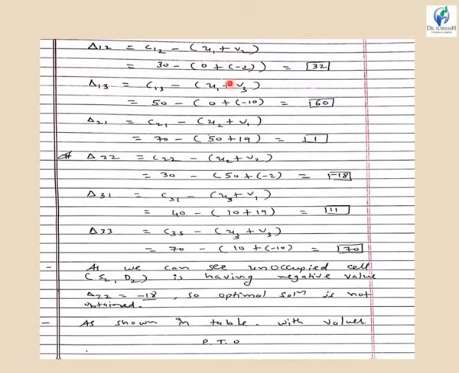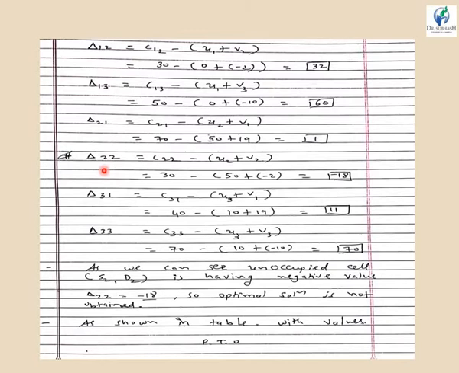If you substitute the value of V2, that is minus 2, so 30 minus, plus, that gives you plus 32. Similarly, for unoccupied cell delta 1,3, when you substitute the values of U1 and V3, you will get 60. For delta 2,1, the unoccupied cell, if you substitute the value of U2, that is 50 that we had obtained, and V1 that is 19, you will get 1.